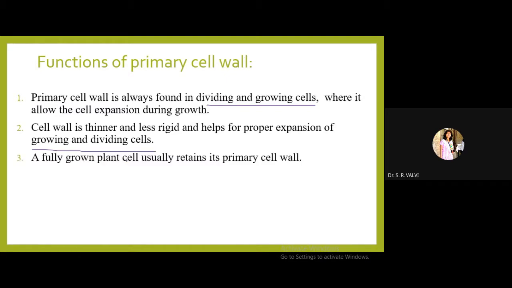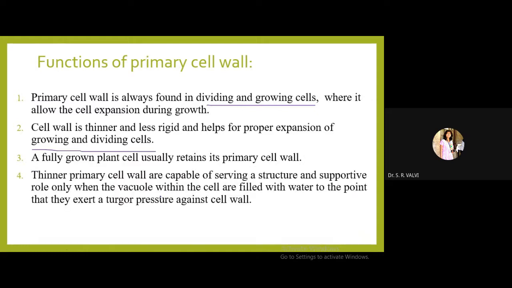A fully grown plant cell usually retains its primary cell wall. Then thinner primary cell walls are capable of serving a structural and supportive role when the vacuole within the cells is filled with water to the point that it exerts a turgor pressure against the cell wall, right.